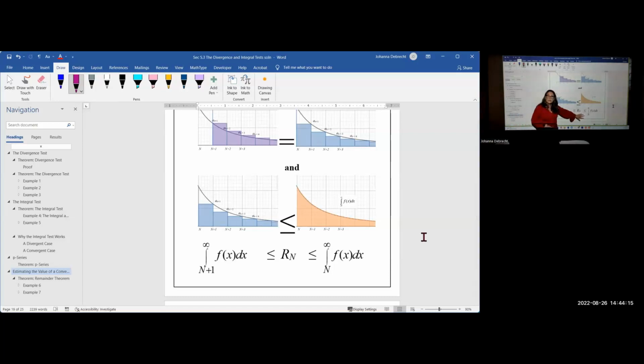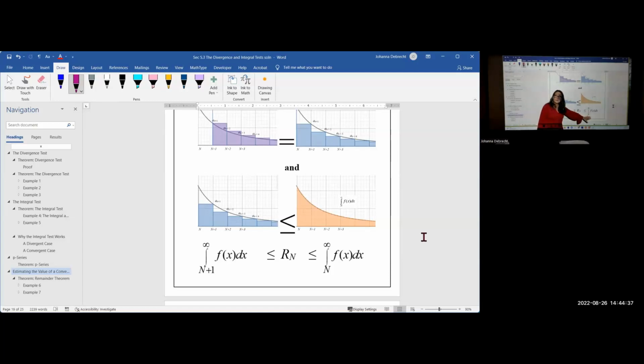Our error, the remainder, the tail of the series that we didn't include in the approximation, R sub uppercase n, is trapped between two improper integrals, one starting at n plus 1, which is further to the right, and one starting at n, which is further to the left.